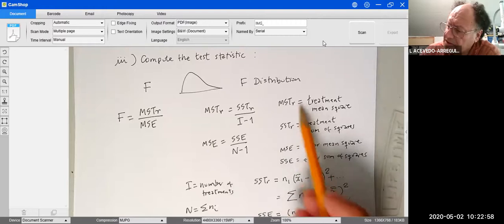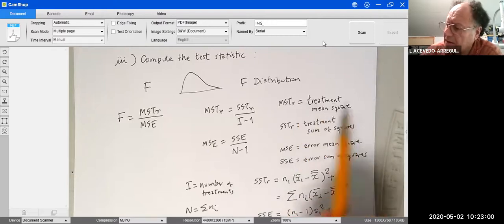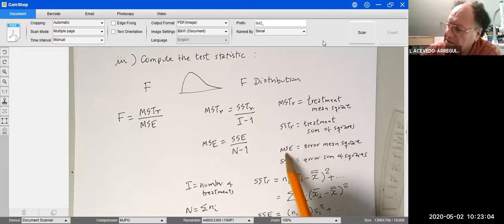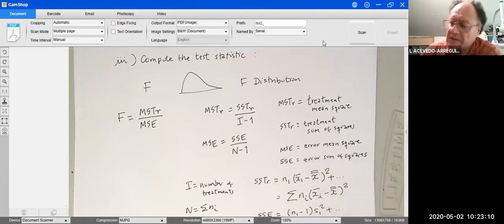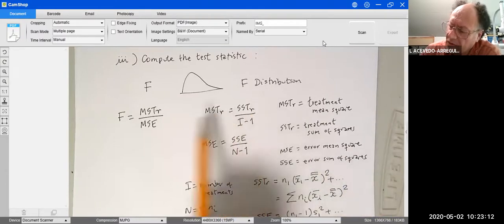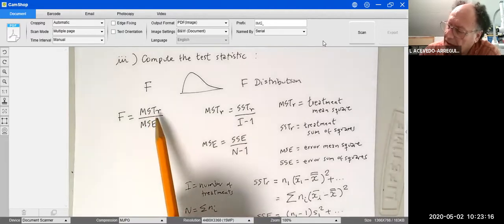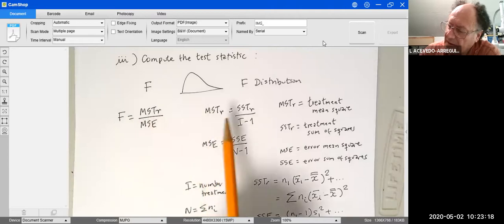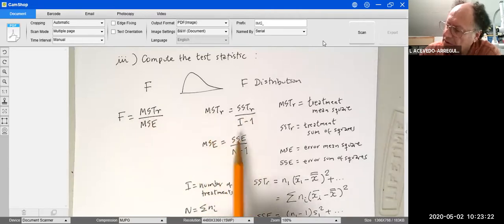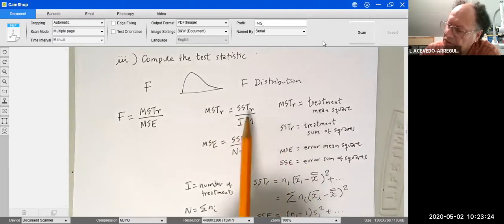MSTR is the treatment mean square, SSTR is the treatment sum of squares, MSE is the error mean square, and SSE is the error sum of squares. With these mean squares, we're going to find F.